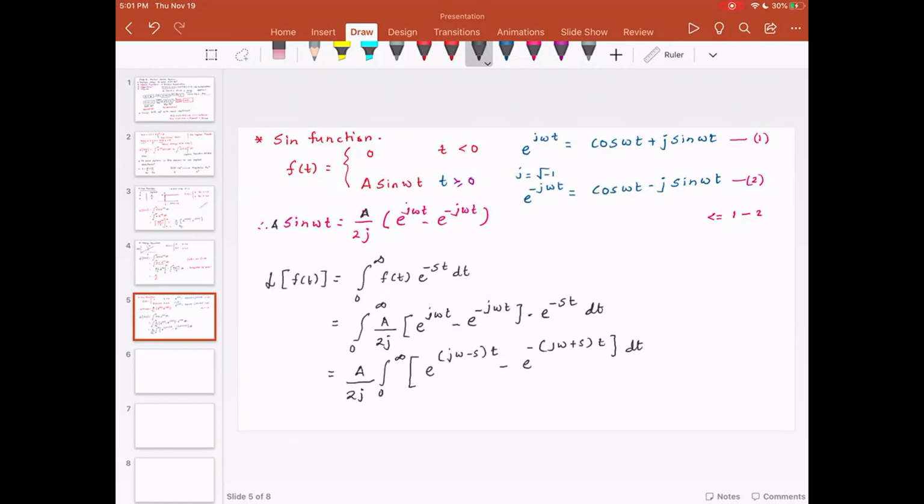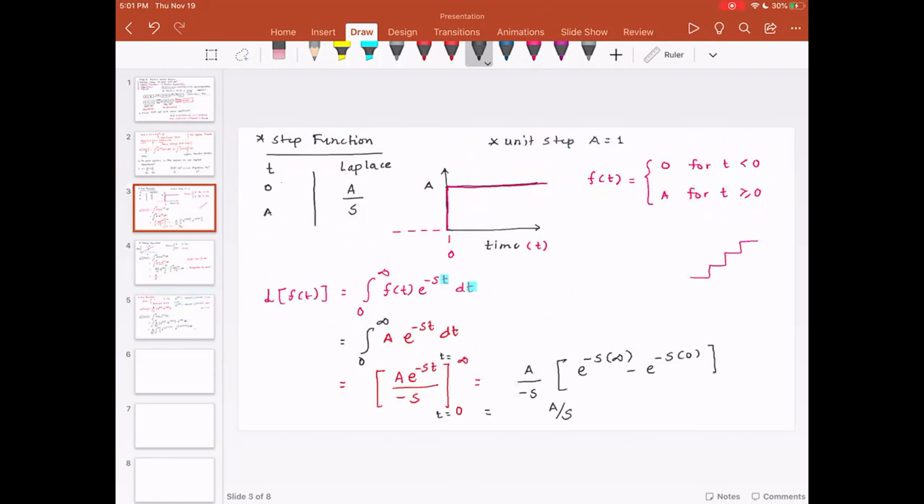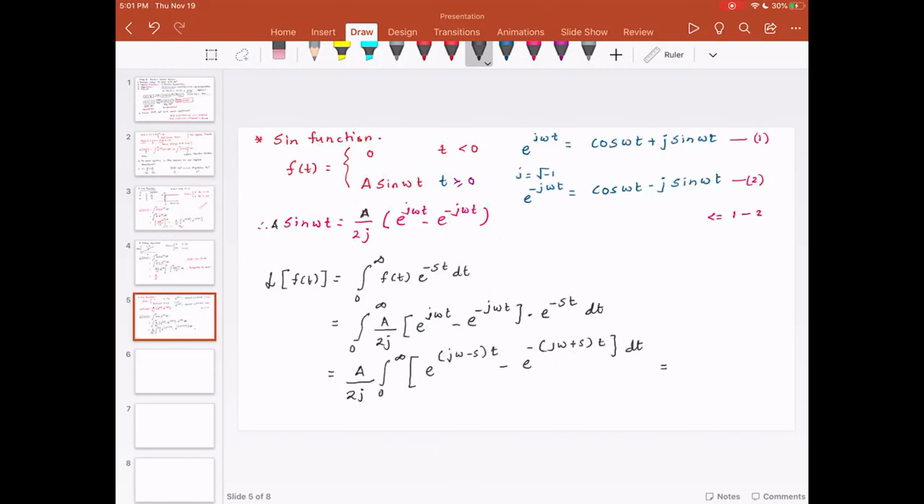And then you can perform the integration, and I'm just going to give you the answer. It's similar to the first problem. This equation becomes a omega divided by s square plus omega square. So this is the Laplace transform of the sine function.